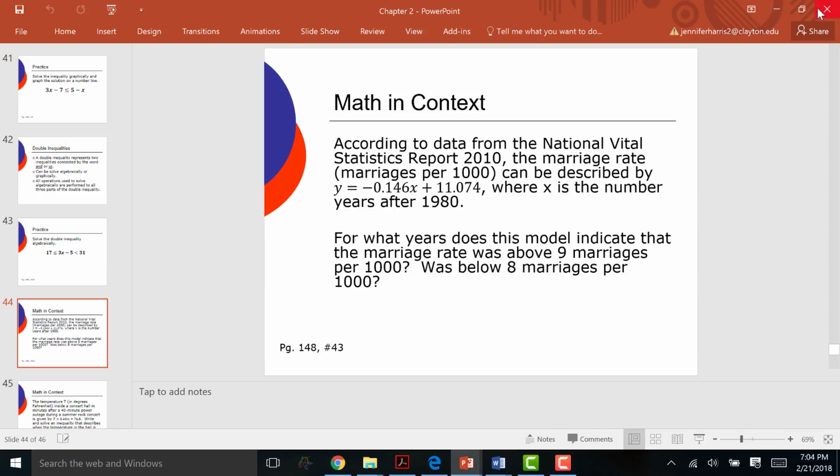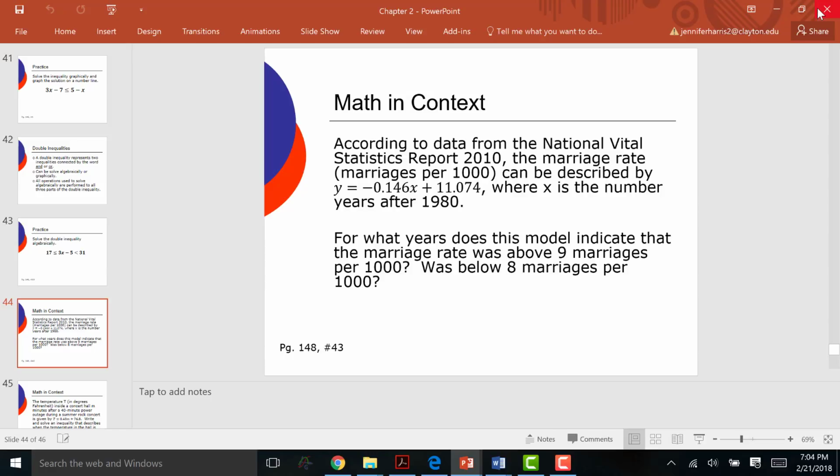So the marriage rate is greater than 9 when the year is less than 1994.